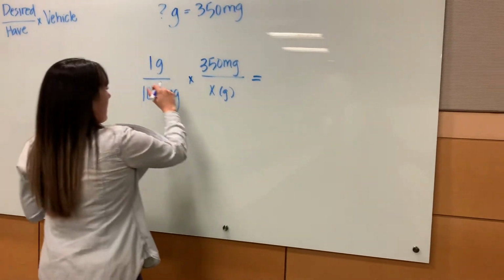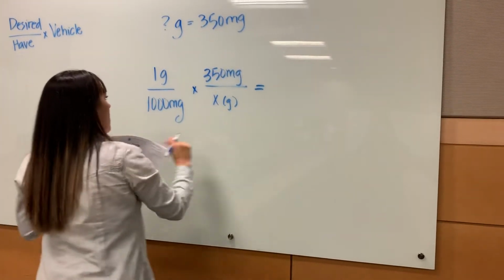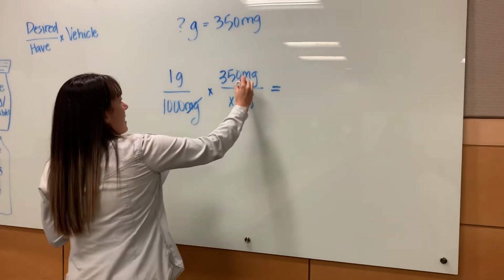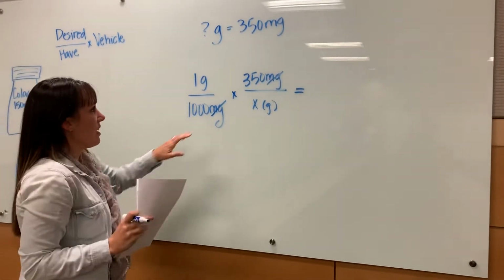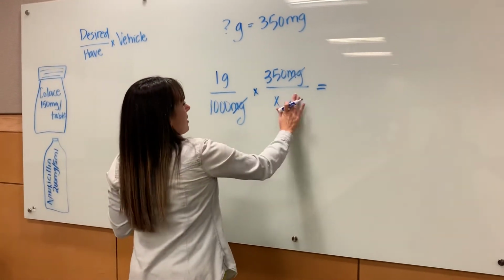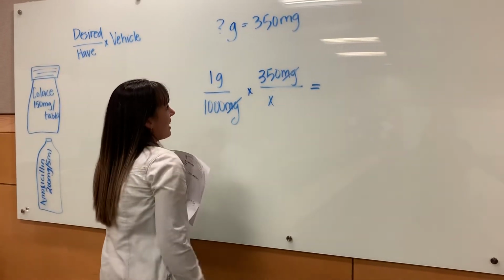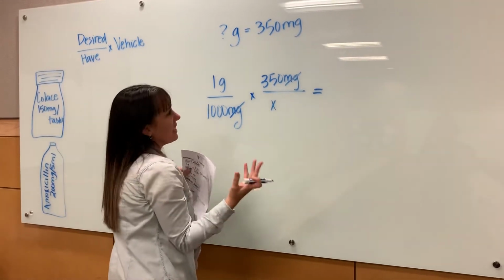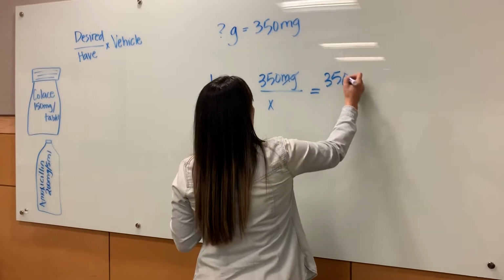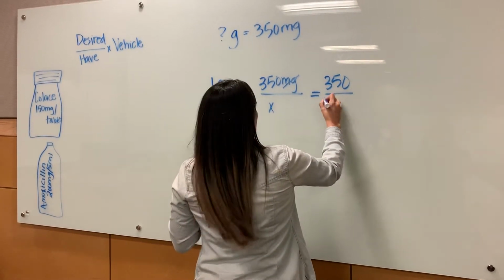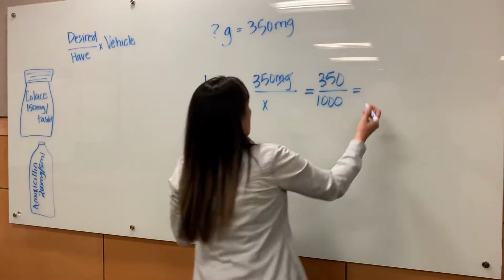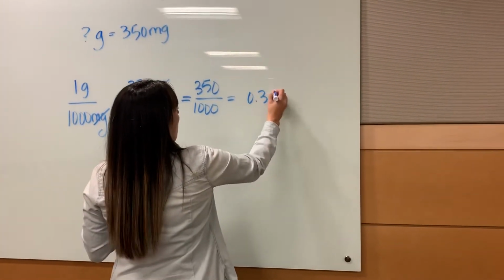With dimensional analysis, like I said, we multiply the top and multiply the bottom all the way across. And we're going to cancel out anything that's on the top or bottom that's the same. This really is just X. It is grams, but that's what we're trying to solve for. So if I'm multiplying this across, it would be 350 over 1,000, and you're going to get 0.35.